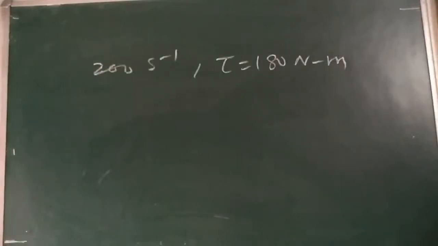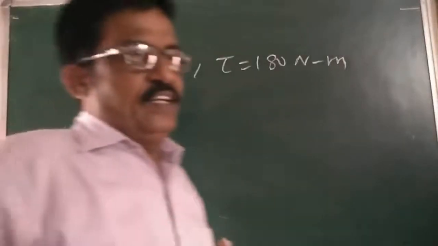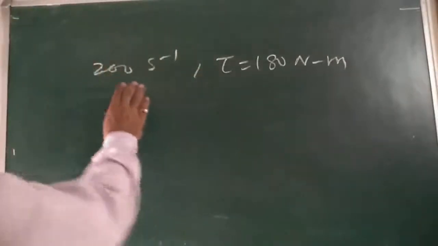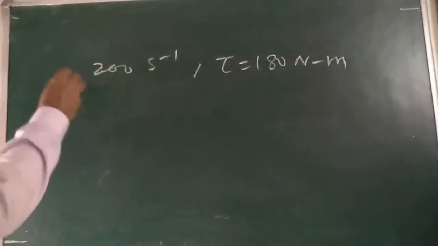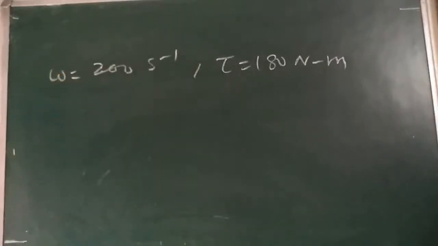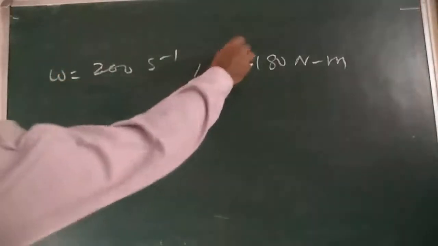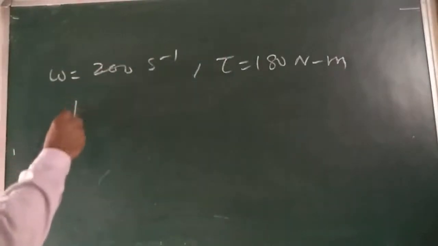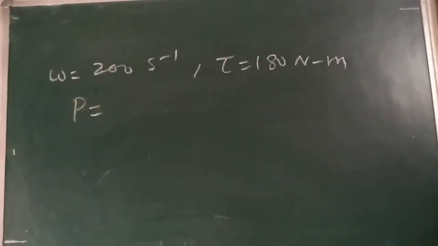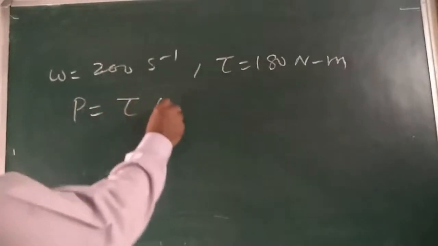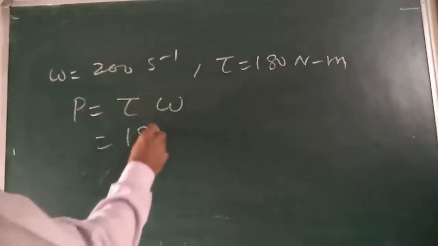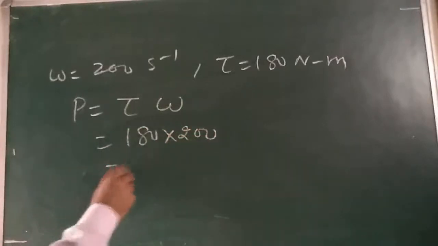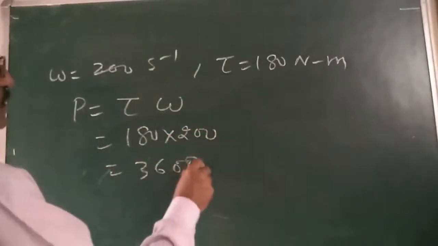What is the power of the engine required? I just made this small question. Here it is the angular speed omega, and here it is the torque. Both are given, and it asks only power. We have just learned the formula: torque into omega, that is 180 into 200. Just multiply it. That is 36000.